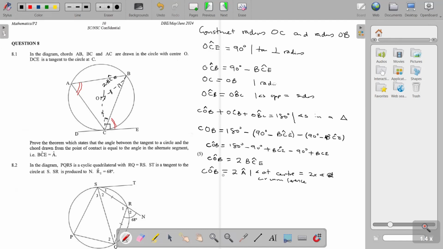Then from there, since COB is equal to this and COB is equal to this, we can conclude that 2 times BCE is equal to 2 times the angle A. Divide both sides by 2. Therefore, we are left with the angle BCE being equal to the angle A. Means we have proven the theorem.